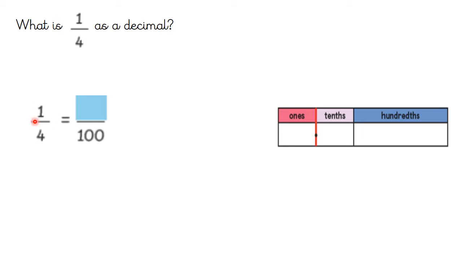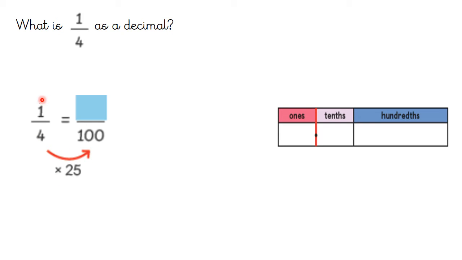So we have 1/4, and we will turn it into hundredths. Now we should know that 4 times by 25 is 100. A quarter of 100 is 25, because we know that half of 100 is 50 and half of 50 is 25. So 4 multiplied by 25 gives us 100.